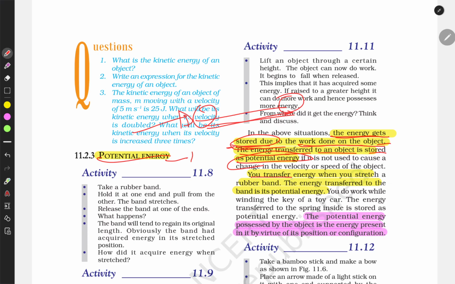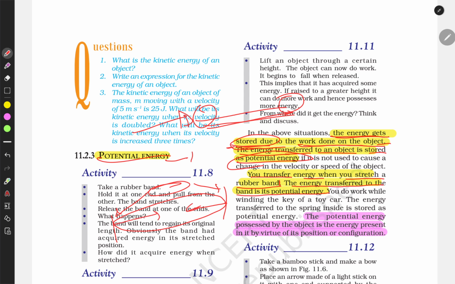You transfer energy when you stretch a rubber band, and the energy transferred to the band is potential energy. Suppose this is a rubber band and you stretch it this long; you did work. Work has been done by stretching this rubber band, and now it has potential energy. Potential means it wants to compress again.